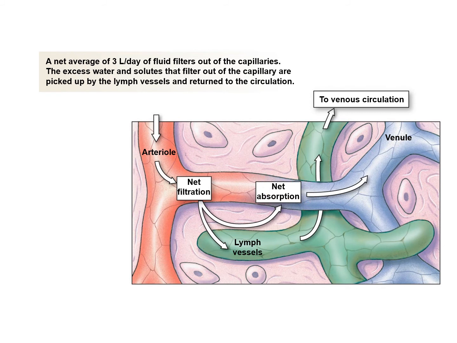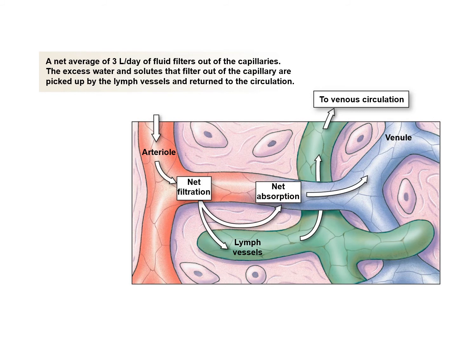And so we have net absorption on the venous side of the capillaries, whereas we have net filtration on the arterial side. Now, there is an imbalance here that usually during the course of a 24-hour period, we're going to have more stuff move out of the capillaries than move back in, to the tune of about 3 liters per day.